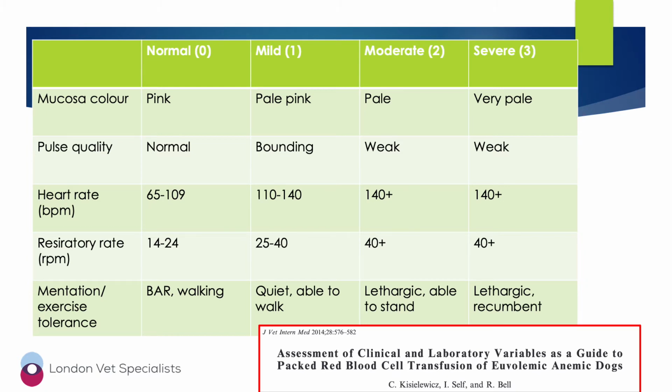If these are tending towards the right, that's going to make you more likely to consider a transfusion. So if they're pale, the pulse quality is poor, they're tachycardic and tachypneic, and they have reduced mentation, then this is all pointing towards transfusion possibly helping this dog before surgery.